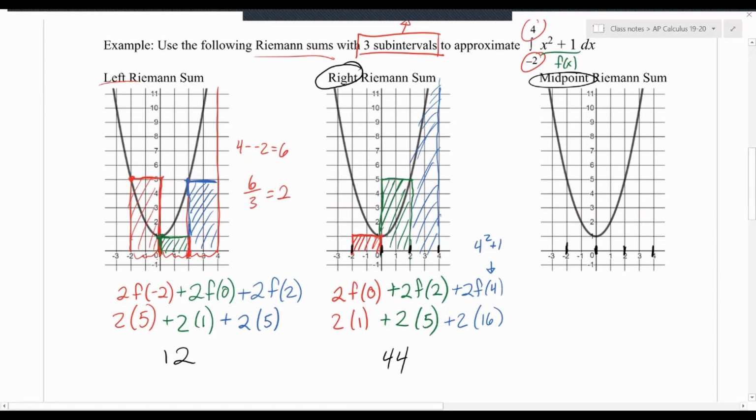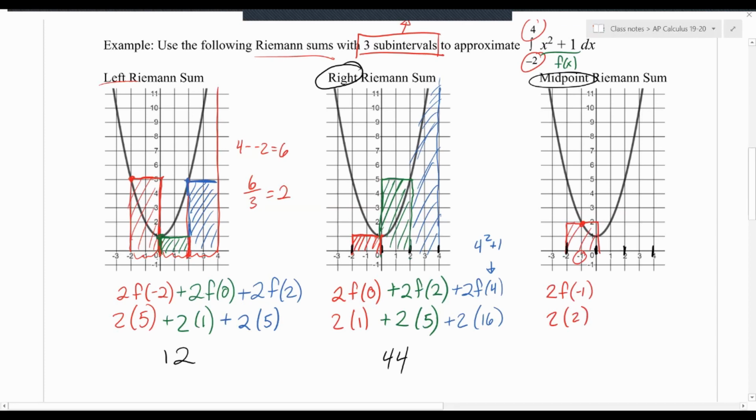So if we're going between -2 and 0 for our first rectangle, in the middle is -1. So that's going to be the height of our rectangle. So we're going to have the base is 2 times f of -1, which is 2 times 2.